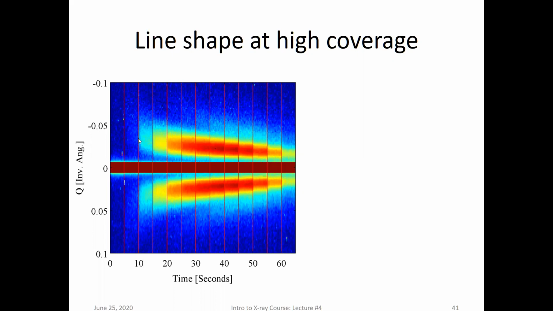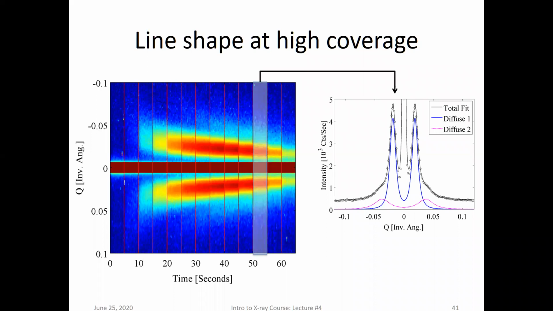So not only are we getting intensity changes, but we're changing the Q values, which suggests that the size of objects is changing. There are a couple of different versions of what's going on there. And in this particular case, we're even able to see high order oscillations coming through a little bit.